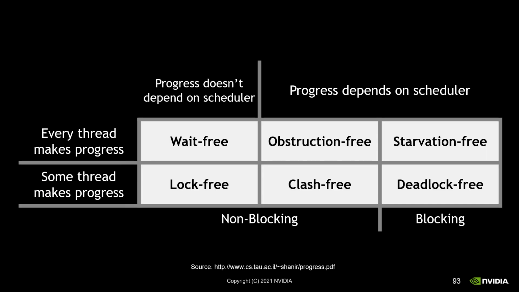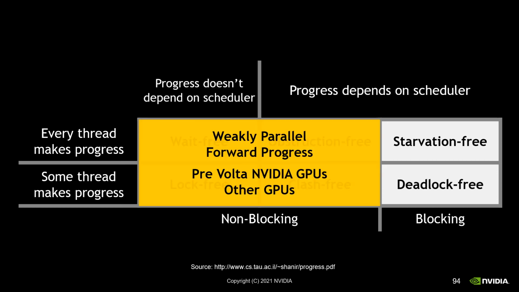Let's take a look at the taxonomy of concurrent algorithms. On platforms that only ensure that threads make weakly parallel forward progress, you can only use non-blocking algorithms. Such platforms include all non-NVIDIA GPUs and NVIDIA GPUs prior to Volta. This greatly restricts the type of concurrent code we can write on those platforms.